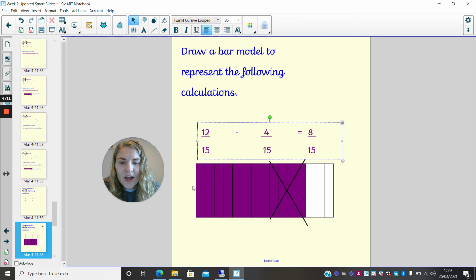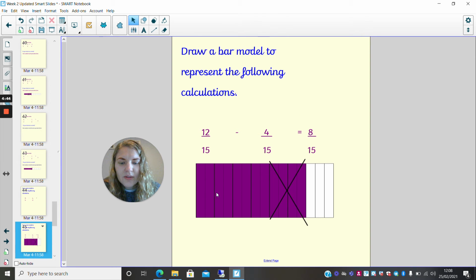Okay. And I coloured in 12. And I got rid of 4 because I've taken them away. How many have I got left? 1, 2, 3, 4, 5, 6, 7, 8. There we go. So a bar model that looks a bit like that is perfect.